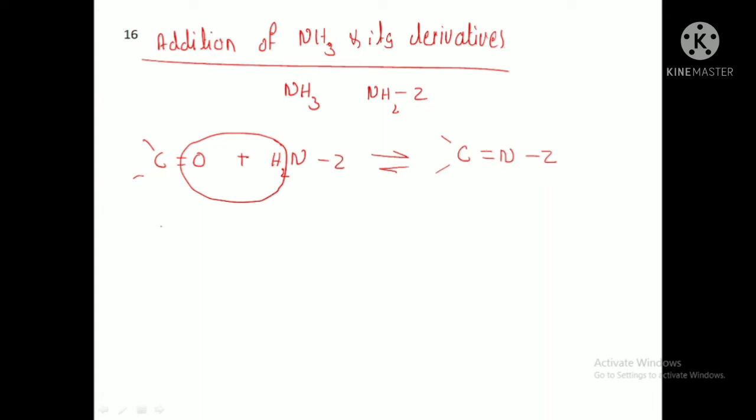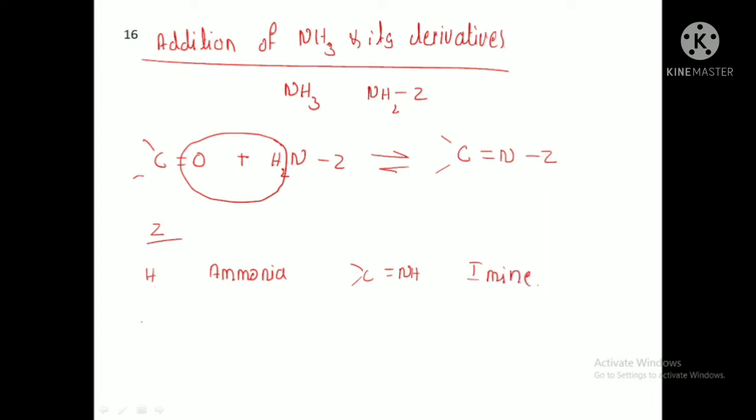For example, if Z is equal to H, that is ammonia. Ammonia on reaction with aldehydes or ketones will form C double bond NH, where I took H instead of Z. The name of this compound is imine.